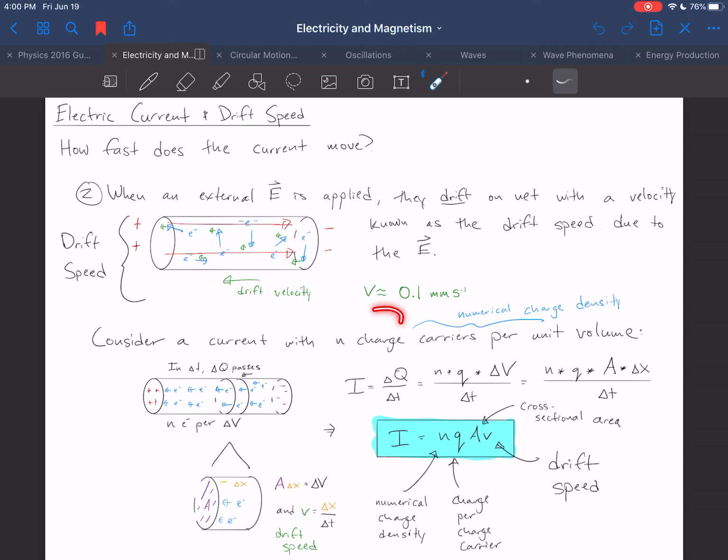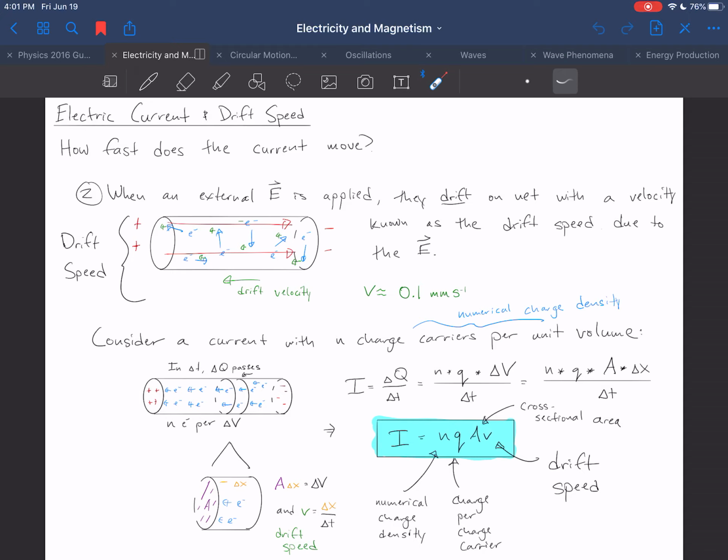If you have a current with n charge carriers per unit volume, and in delta t, in some small unit of time, delta q passes, then let's calculate the current. The current is delta q divided by delta t. Now, what is the total charge that passes in that amount of time? Well, it'll be the number of charge carriers per unit volume times the charge on each of them.